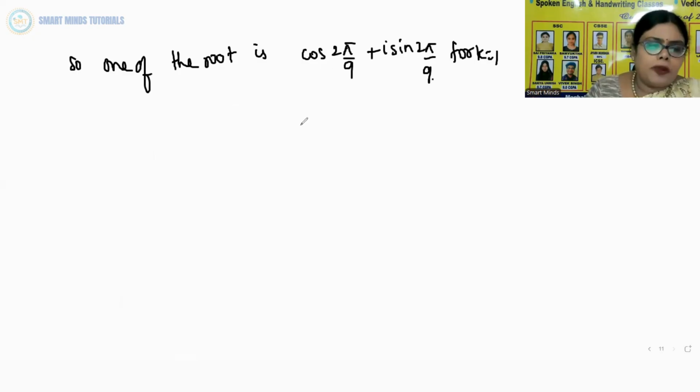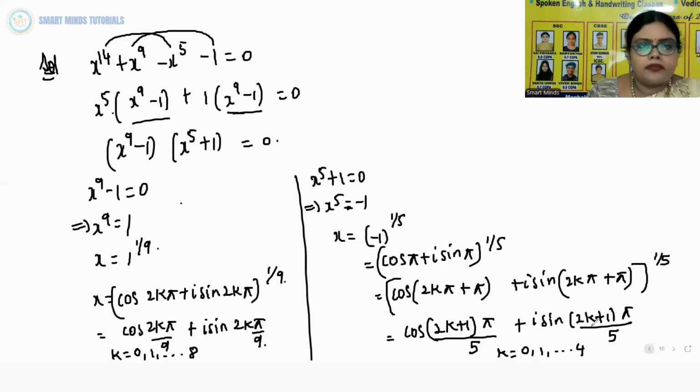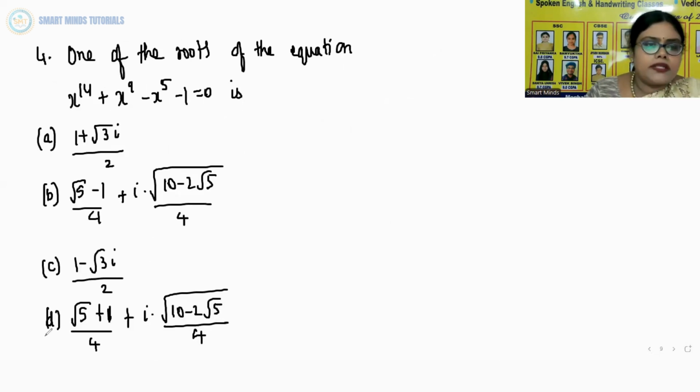So cos 2 pi by 9 value is, from trigonometry, root 5 plus 1 by 4, and sine 2 pi by 9 value is root over 10 minus 2 root 5 by 4. So which option is correct? It is option D.